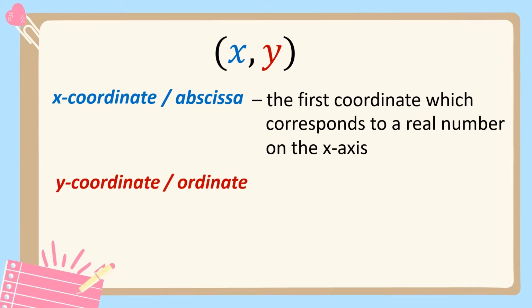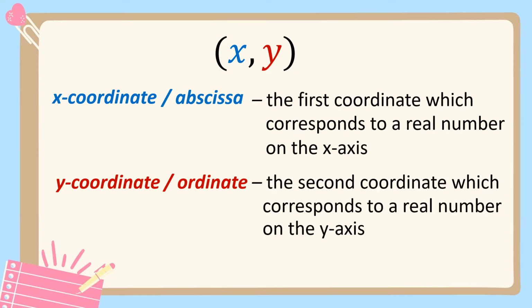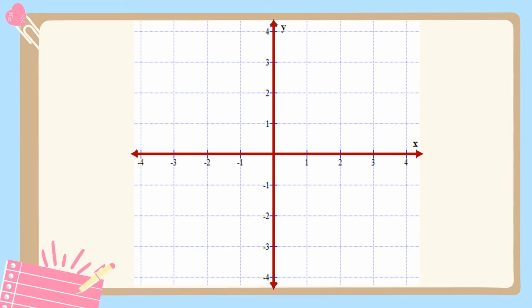The y-coordinate, also called ordinate, is the second coordinate which corresponds to a real number on the y-axis. Going back to the picture of our Cartesian coordinate system, notice that the two perpendicular lines have formed four regions, and these regions are called quadrants.